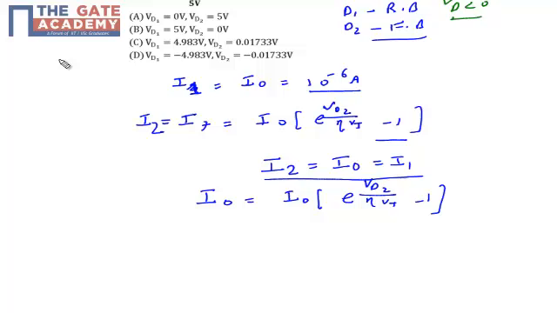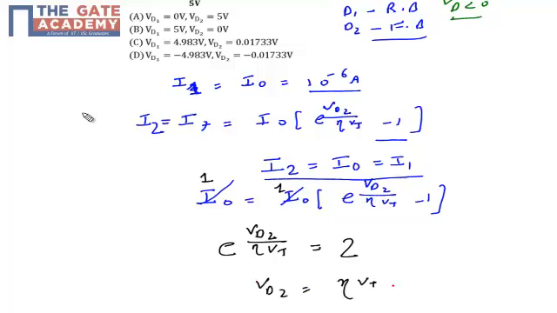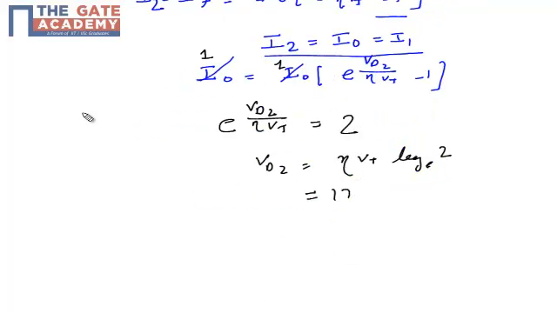I can cancel out I0 on both sides, and further simplify this to e raised to the power VD2 by eta Vt equal to 2. So VD2 is equal to eta Vt times ln 2, which is approximately 17.32 millivolt.